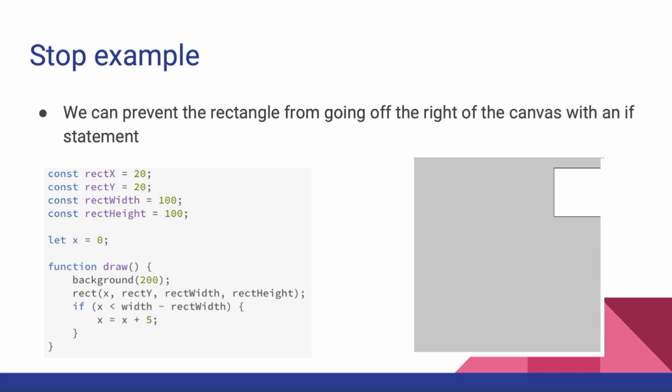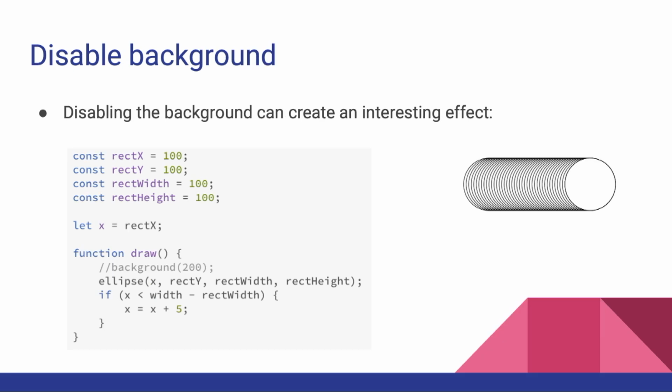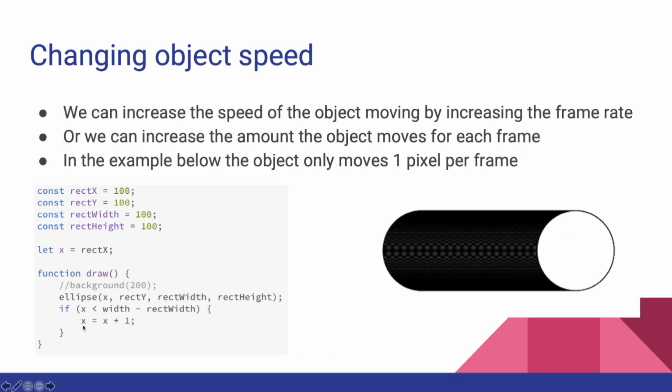So if we don't redraw the background every time and draw something, we'll see multiple ghosting images. If we change the increment on something, it appears to move slower, so the animation looks smoother because each successive ellipse is closer together.